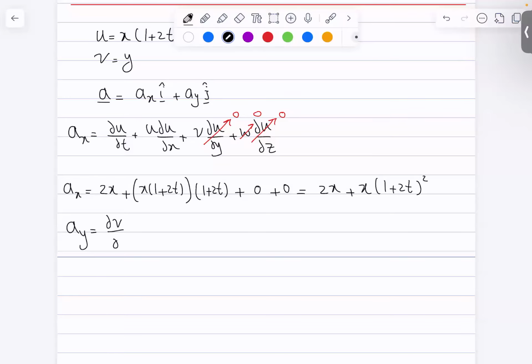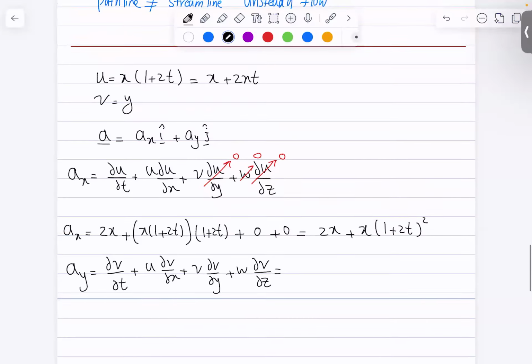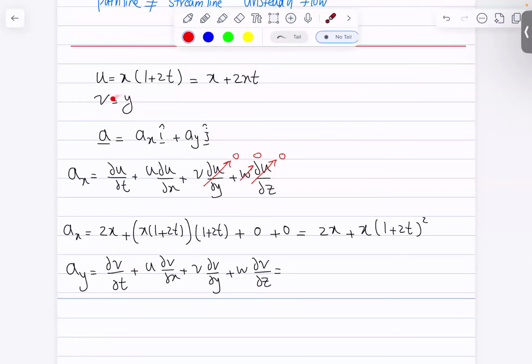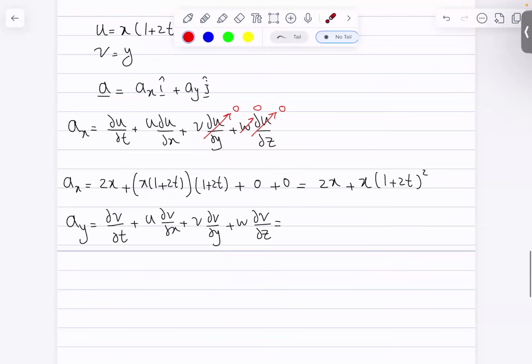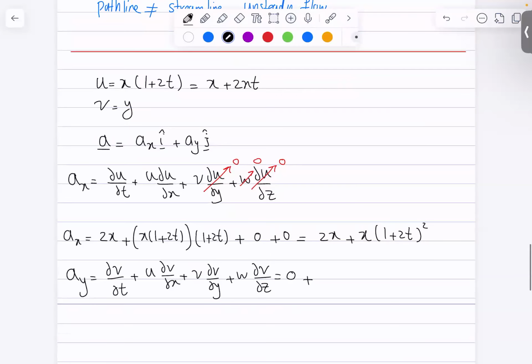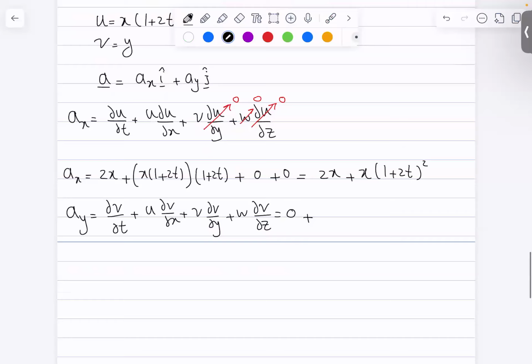What about ay? ay is dv/dt plus u dv/dx plus v dv/dy plus w dv/dz. So dv/dt is 0 because v doesn't depend on time. Plus u dv/dx, v doesn't change in x either, so that is 0 as well, right?